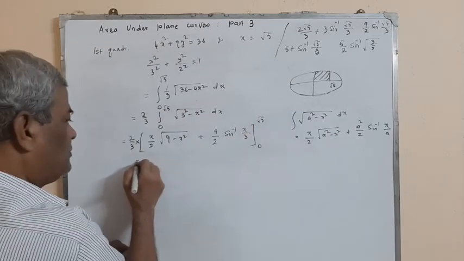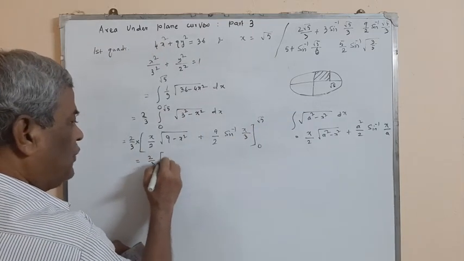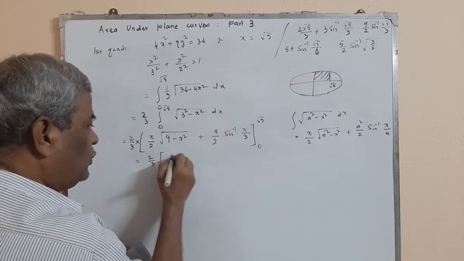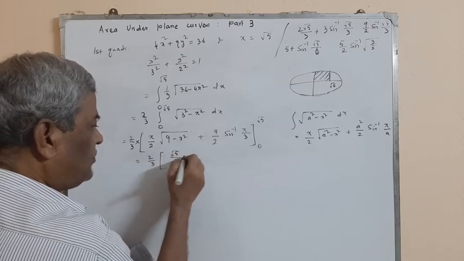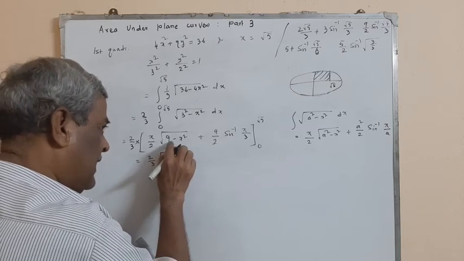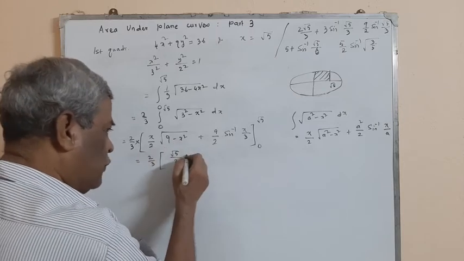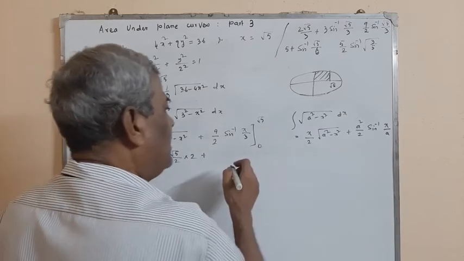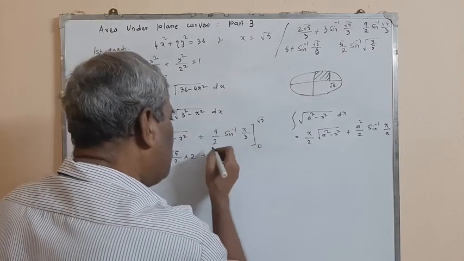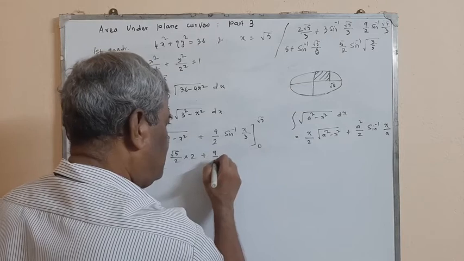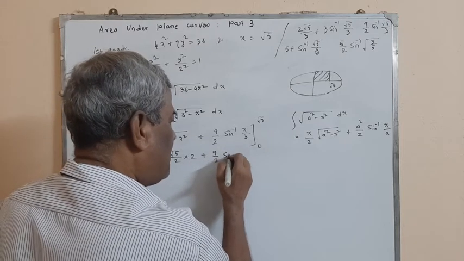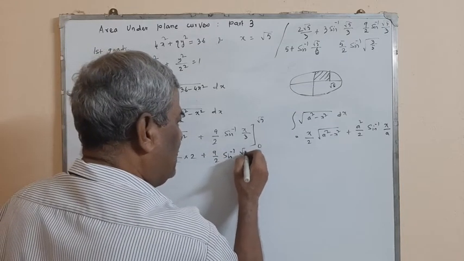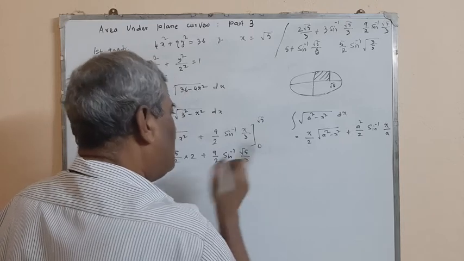It is equal to 2 by 3 into root 5 by 2 into root over 9 minus 5, that is 4, that is 2, plus 9 by 2 sin inverse root 5 by 3, minus the lower limit.